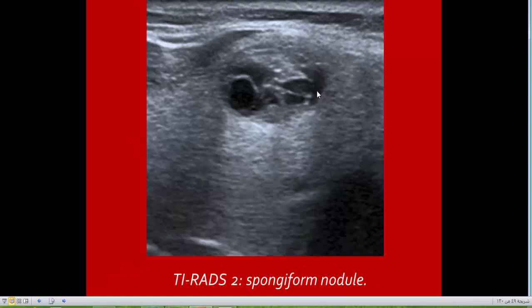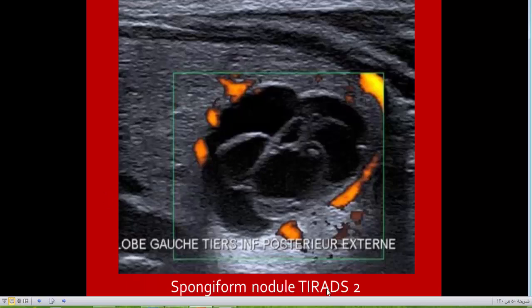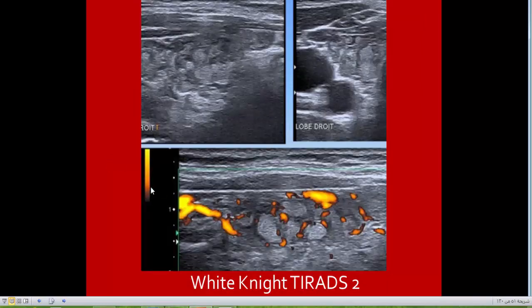TI-RADS 2 sponge-form nodules. TI-RADS 2 clusters of microcysts, tiny cysts, white knight, TI-RADS 2 as by Kwak classification, as we see by Doppler study.